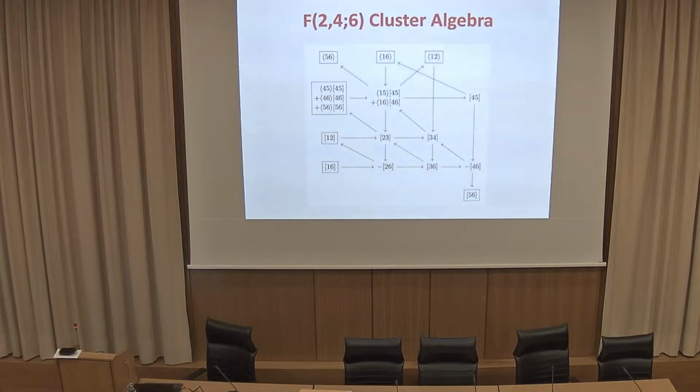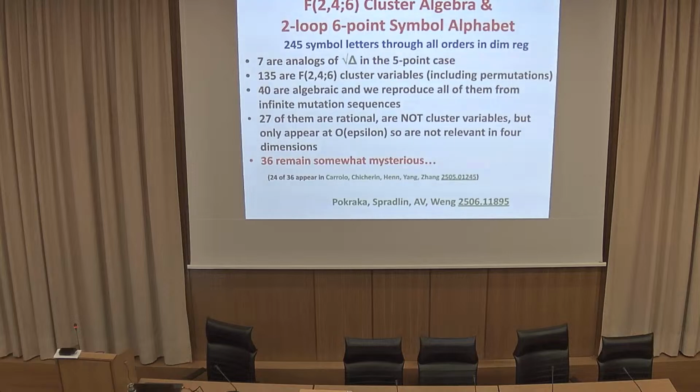Again, there's a generalization, which would be a whole lecture, so this is more like a cartoon to give you an idea. There is a known starting quiver for these, and this is some of our results. There are 245 symbol letters, and most of them we were able to produce.